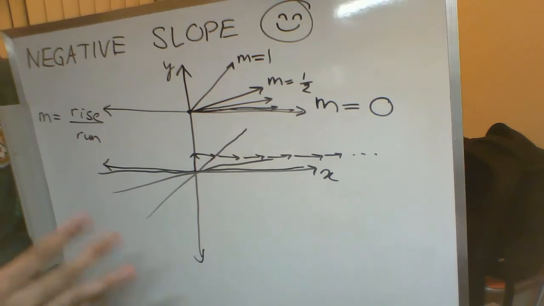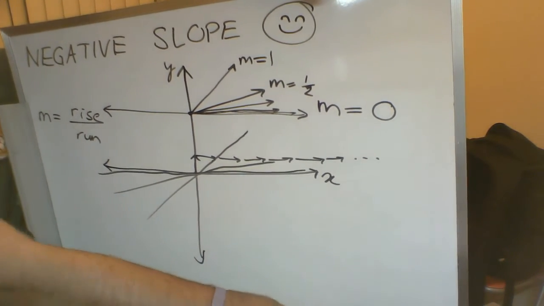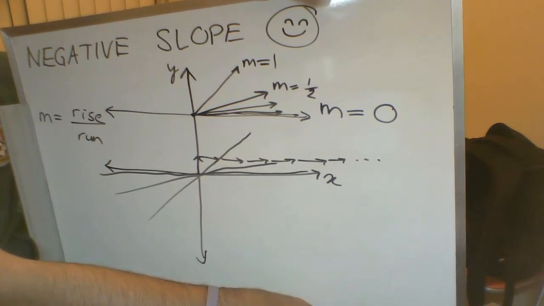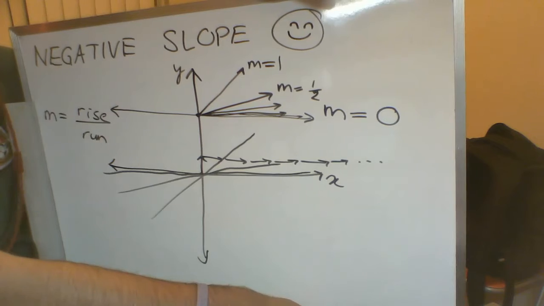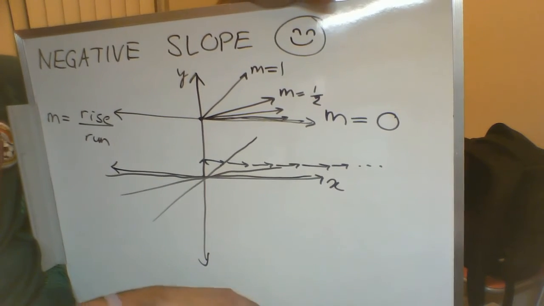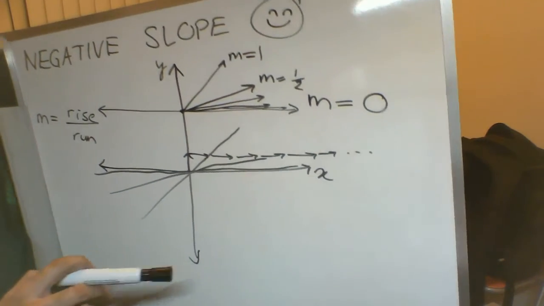If somebody asked you to quantify it with a number, what is the slope of the ground upon which you stand, and there is no slope that you can really detect, then you'd say there's 0 slope. And that's the idea with flat lines, is that the slope is 0.